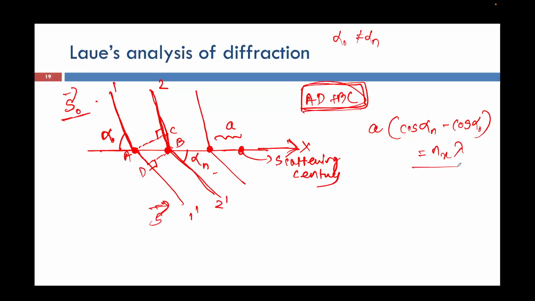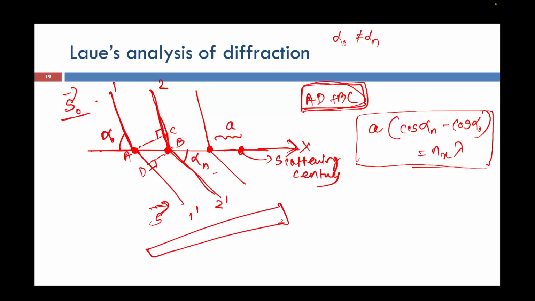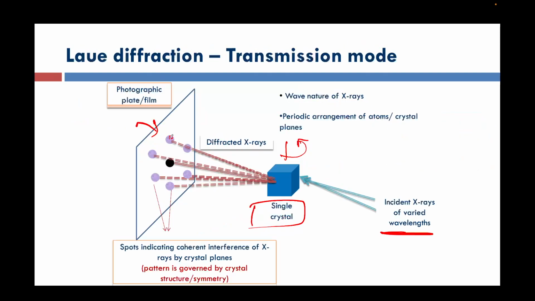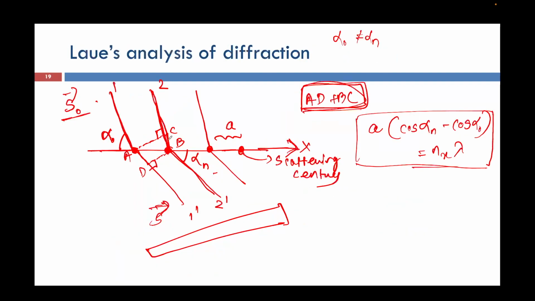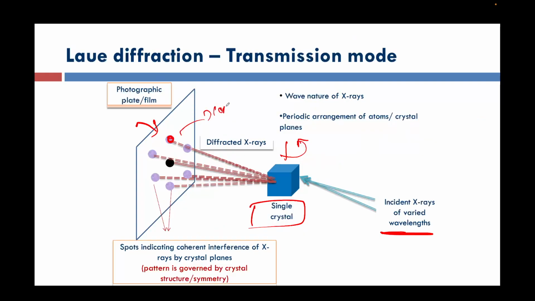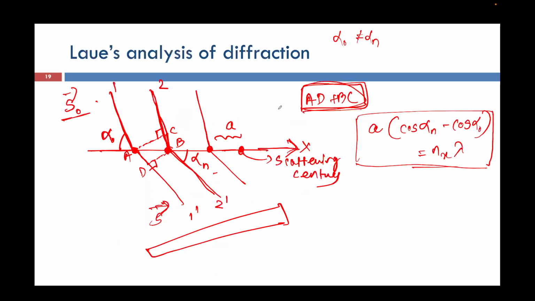Why nx lambda? Because here scattering happens, and for you to get a spot on your screen, like he got all these spots, this spot corresponds to constructive interference, from Young's experiment. So the constructive interference should be happening.